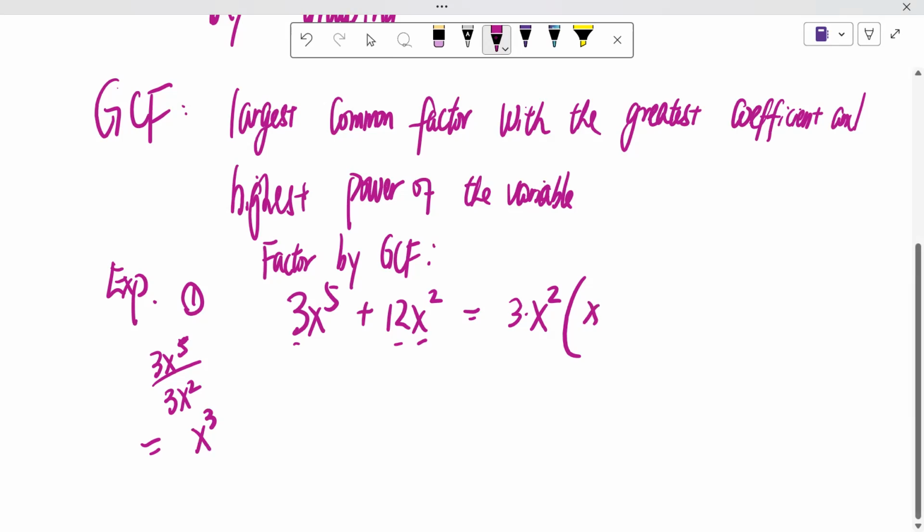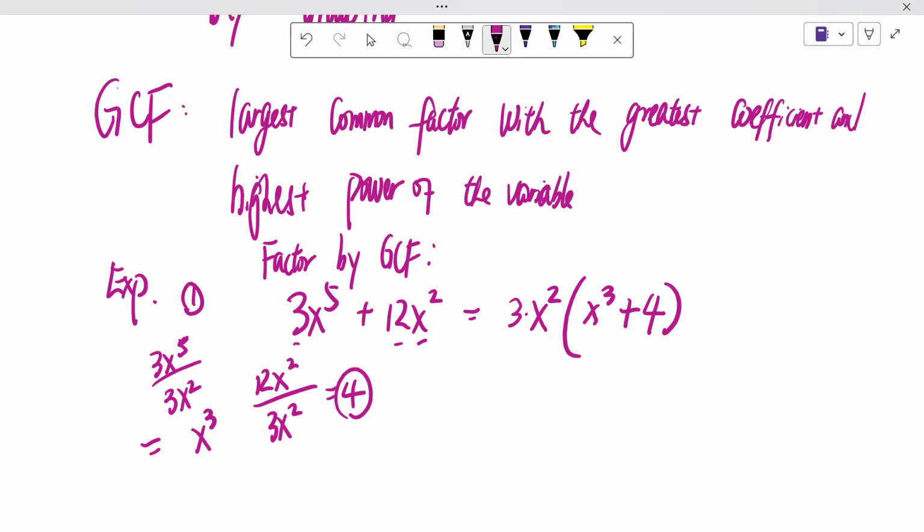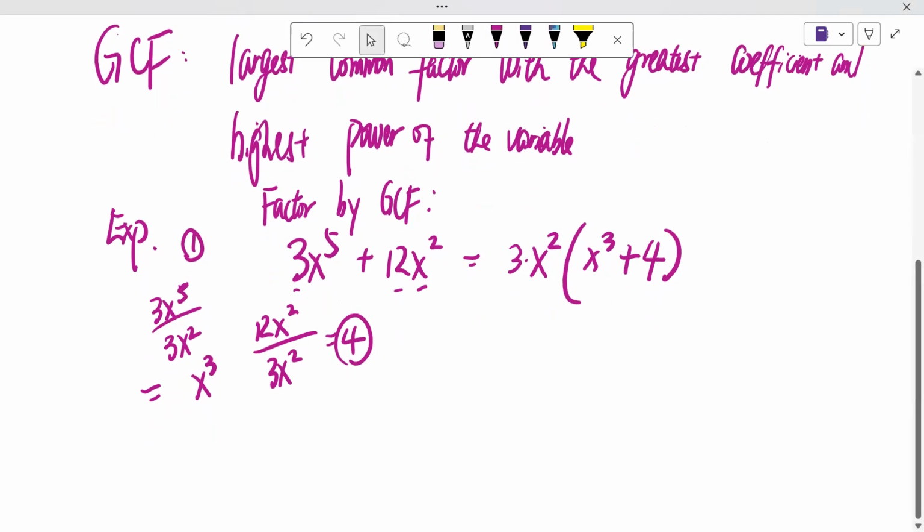So the remaining term will be x cubed. Similarly, for the other one, 12x squared over 3x squared, cancel x squared here, and the remaining term is 4. That's basically how we factor by GCF. Any question about this?